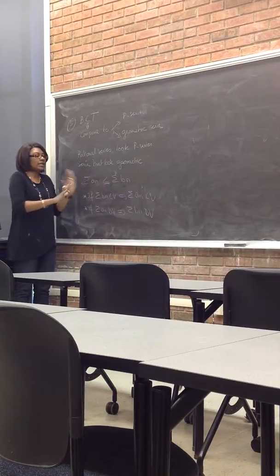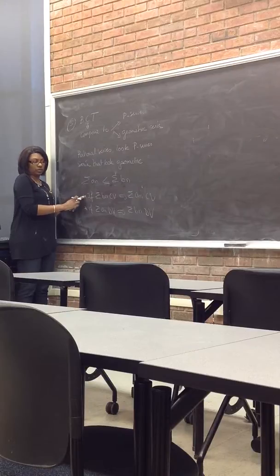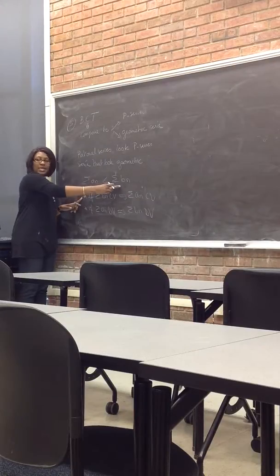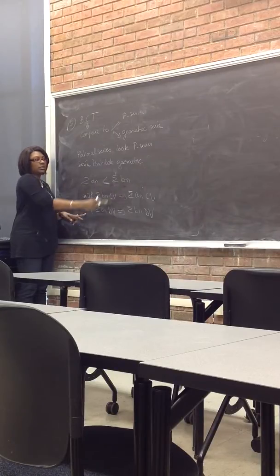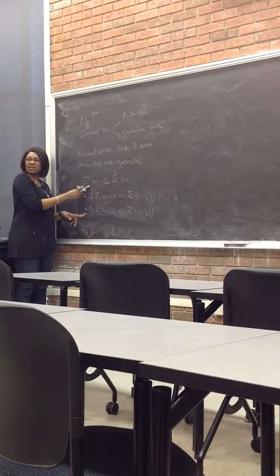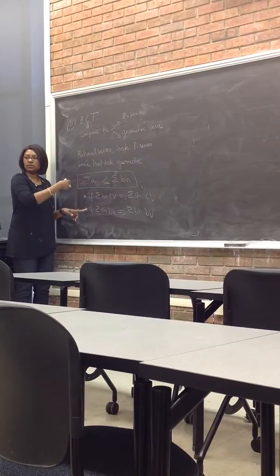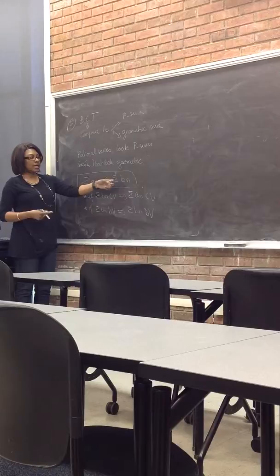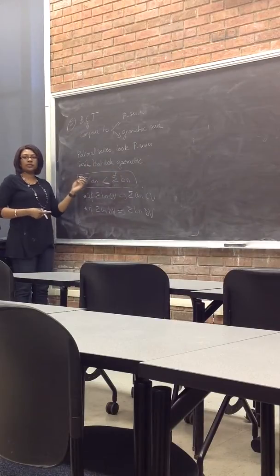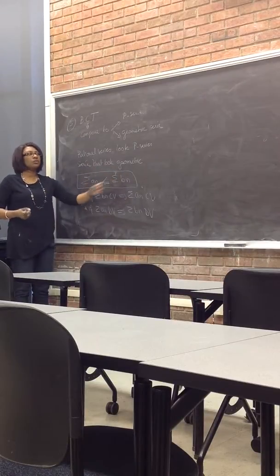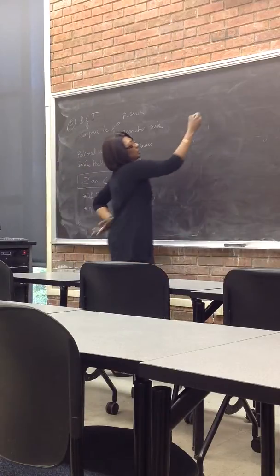So for this one right here, the AN is given to you, so you have to find that BN. The second one, the BN is given, you have to find that AN. So you just have to remember this. It doesn't matter which one is given, but if one is smaller than the other, if the bigger one converges, the smaller one converges. If the smaller one diverges, the bigger one diverges. That's how it goes.